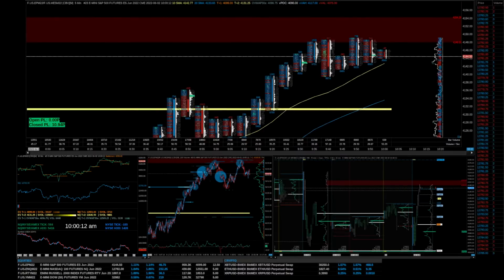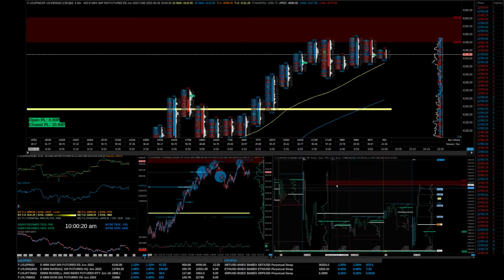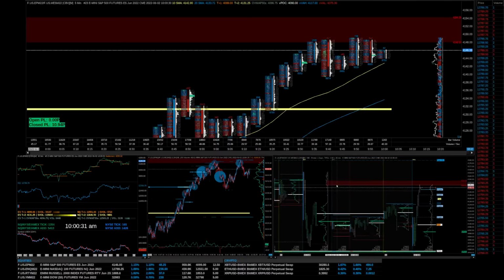Nice little resistance up here. So you can see, I figured a lot of times you guys don't really see where some of my support and resistance come in. A lot of them come in from the higher time frame charts, and I'm like, which charts do I use a lot that you guys never see?